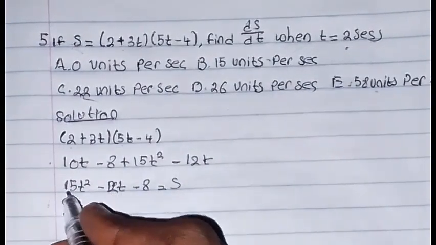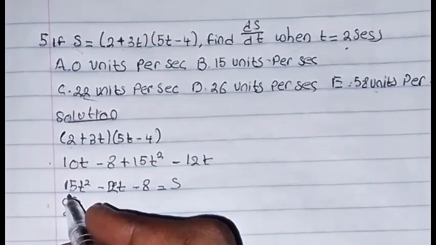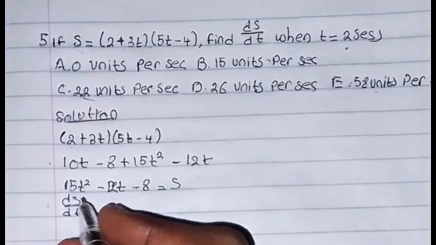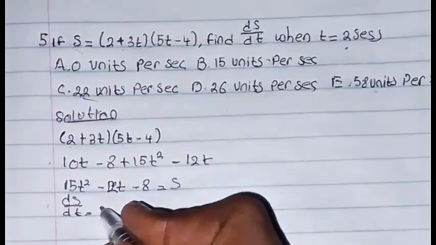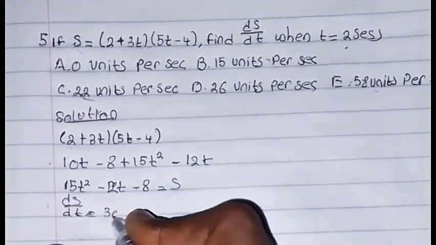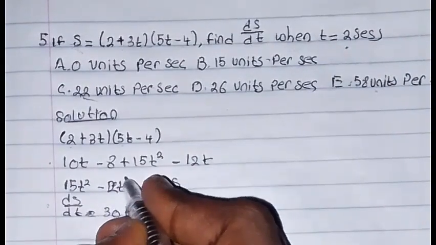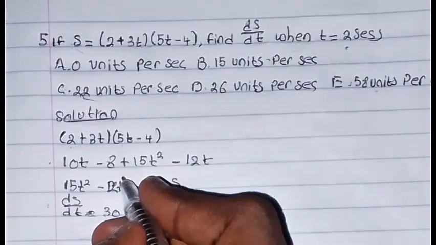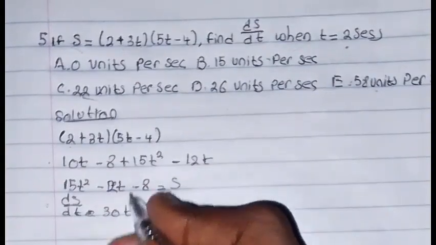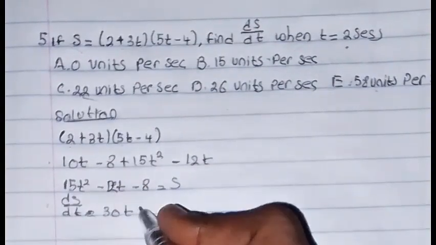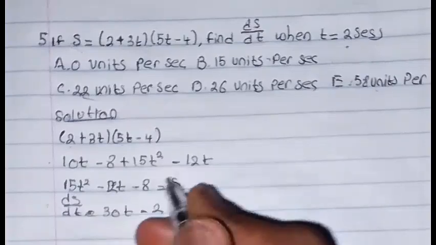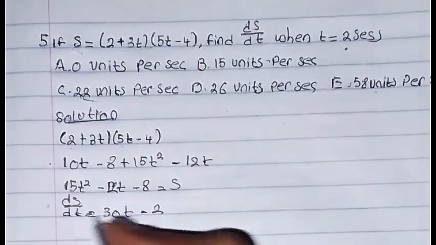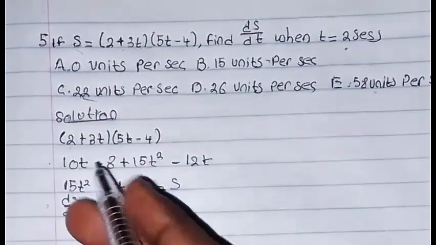We're going to differentiate this using the same formula that we did for question 1 and question 3. First off, 15 multiplied by 2 is 30t, then the power here is 1, 1 minus 1 is 0, so we have 1 times 2, so that's 2. So 30t minus 2, that's the first derivative of this expression.